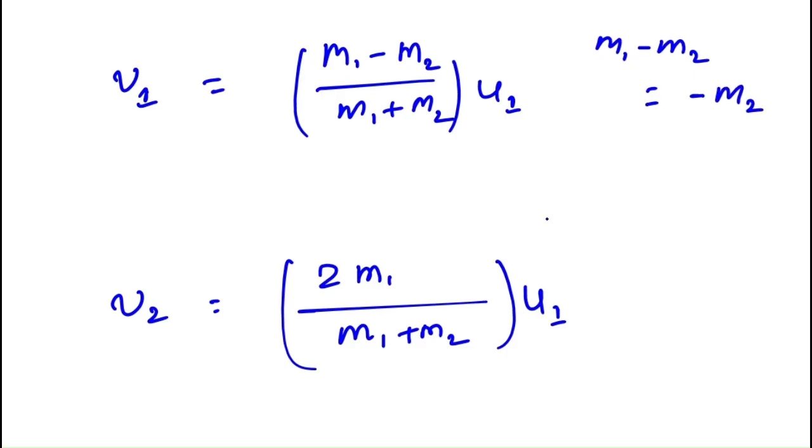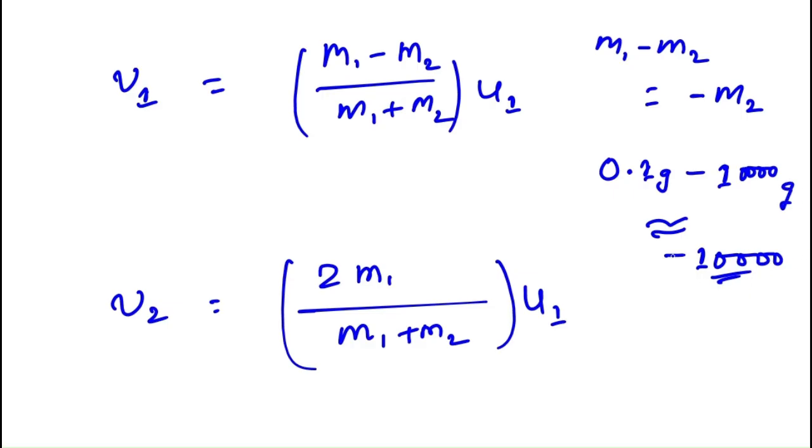something minus m2. Let's say this is something like 0.1 gram and this body is something like 10 kg, nearly 10,000 gram. So this will give you approximately, not exactly, minus 10,000 gram. This is a minus sign, and here you have 10,000 gram. So ultimately, this will be minus m2.